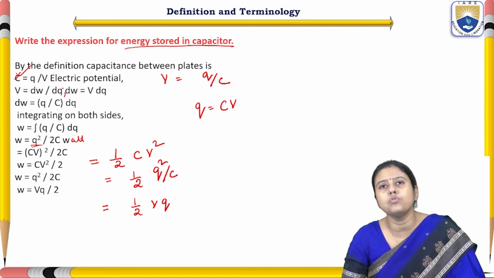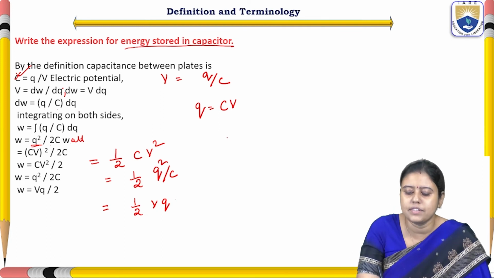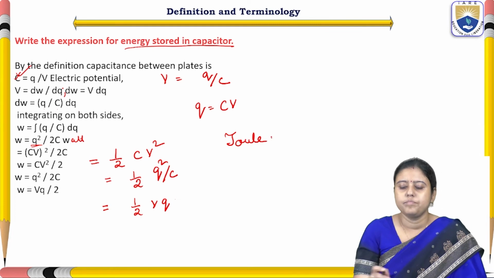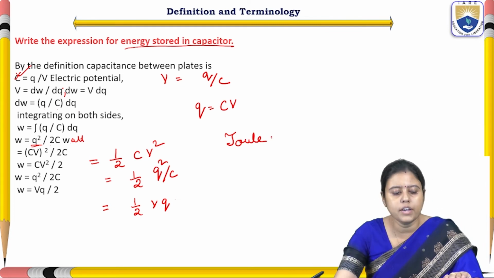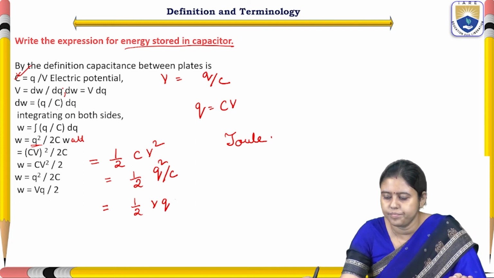And what is the unit of the energy stored in the capacitor? The unit is nothing but the joule. Joule is the unit of the energy stored in the capacitor.